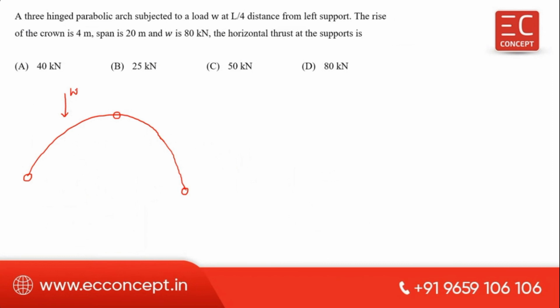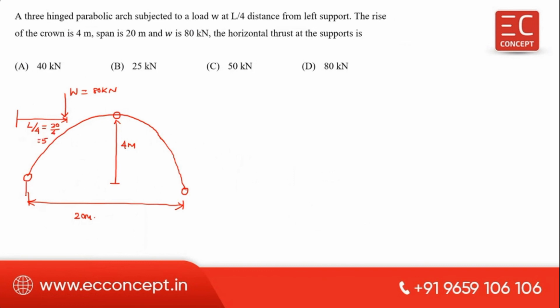This W is given as 80 kilonewton, and the span is 20 meter. The crown, the central rise, is given as 4 meter. And this distance L by 4: 20 divided by 4 is equal to 5 meter.